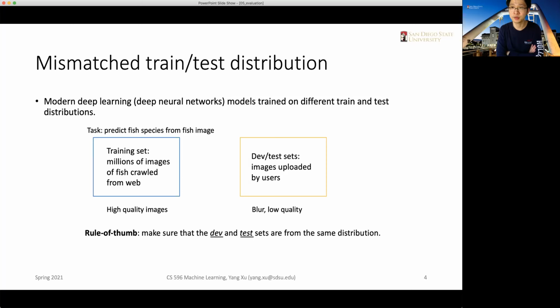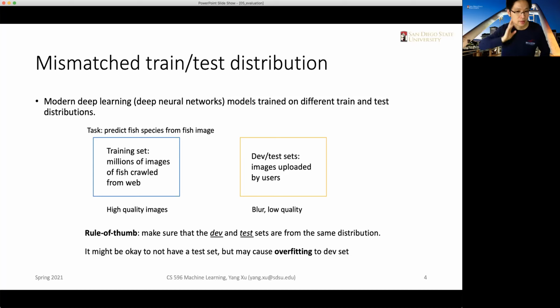The ideal situation is that they are from the same distribution, but we know that this is not necessarily doable, because the testing sets are not enumerable. We cannot enumerate all possible scenarios. But what we can do is to make the dev set as close to the test set as possible.